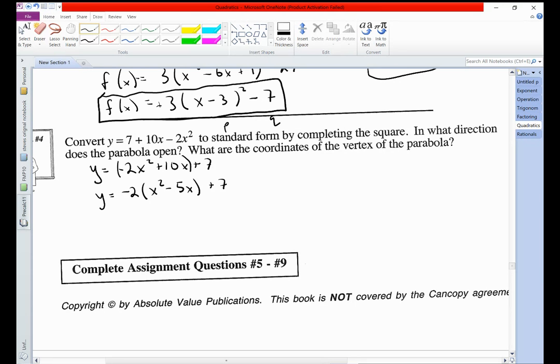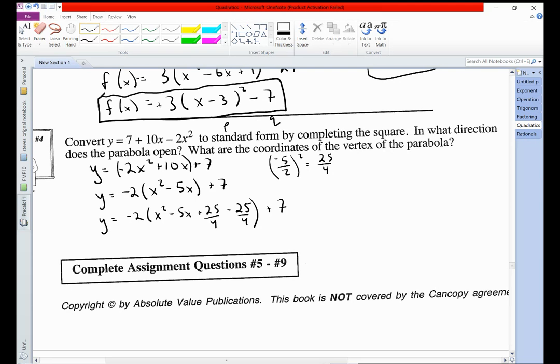Now I know that 5 doesn't split nicely, negative 5. So I get negative 5 halves, and then I square that, and I've got 25 over 4. So I can write negative 2, complete that square, x squared minus 5x plus 25 over 4 minus 25 over 4, all in brackets, plus 7.